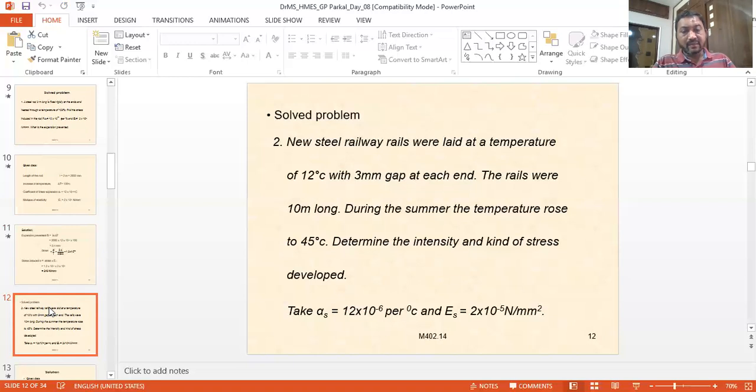During the summer, the temperature rose to 45 degrees centigrade. Determine the intensity and kind of stress developed.